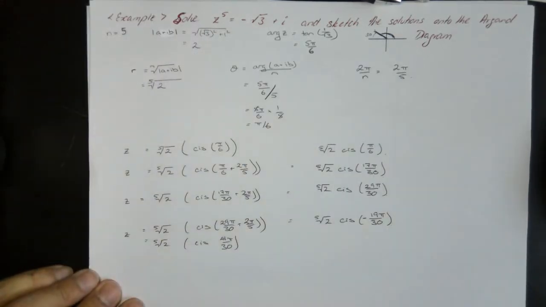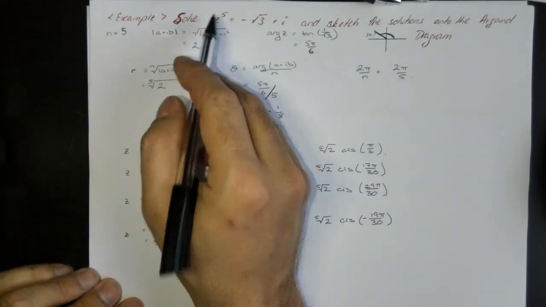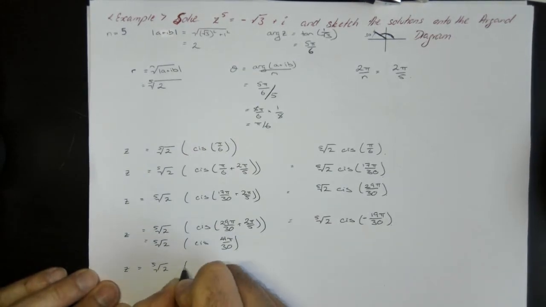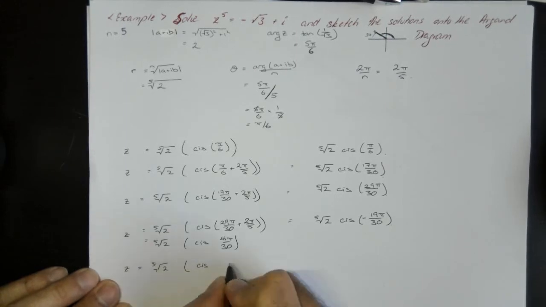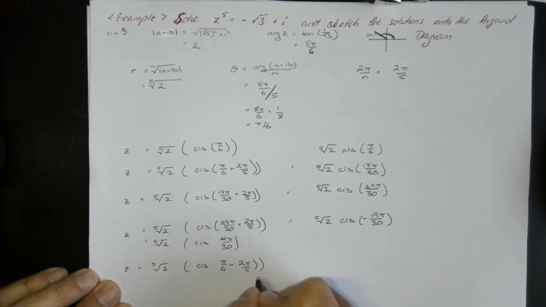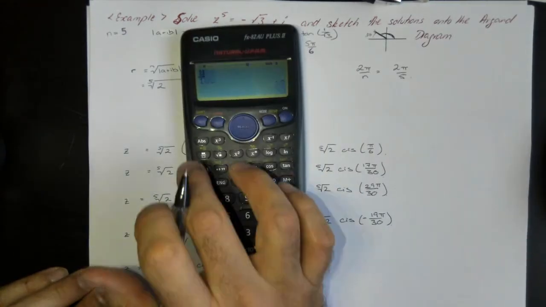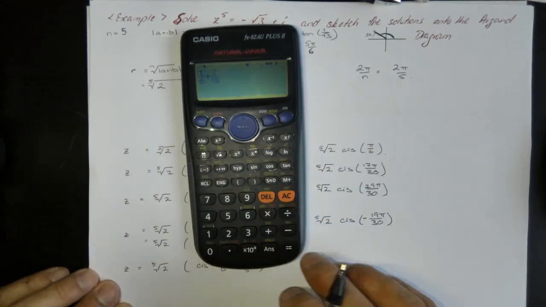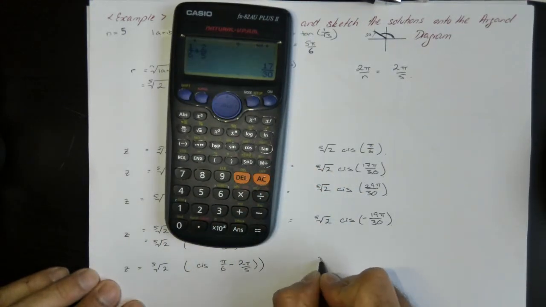And because there's 5 to the power 5, I should have 5 roots, so I need one more. So that's going backwards, so it's just minus 2 pi on 5. So 1/6 plus 2/5 is 17 pi on 30.